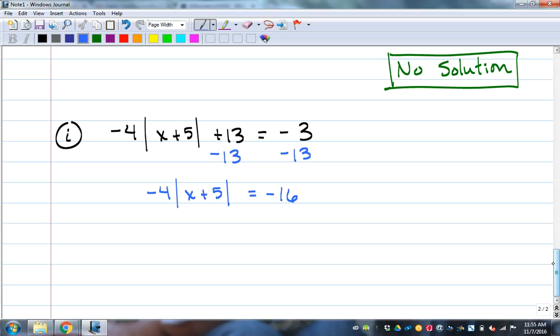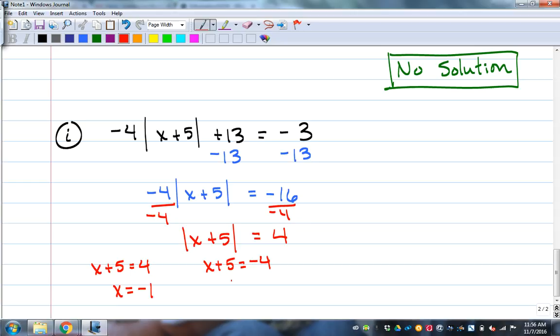So to get rid of it, I divide by -4. And that gives me a +4. Does that have answers? Yes. Absolute value, distance of 4. So we're going to set up our two equations for this one. x would be -1 and -9.